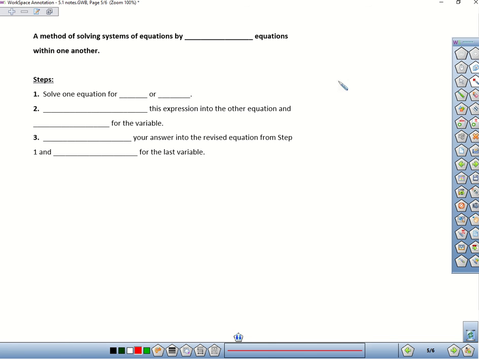A method of solving systems of equations by, we call it substituting. By substituting equations within one another. So the first step is to solve one equation for x or y. So sometimes that's already going to be done for you, but sometimes you have to do it yourself. So you get x or y by itself in one of the equations.